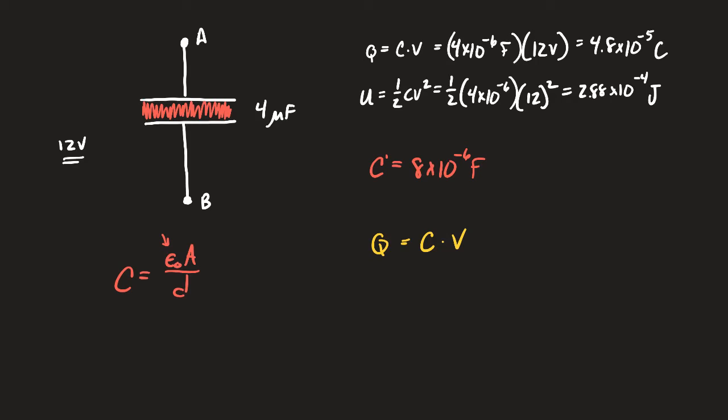So all of a sudden the voltage across that capacitor became 6. Now you don't have to do it that way. You could say, well, Q still is 4.8 times 10 to the negative 5th, but the capacitance is 8 times 10 to the negative 6th times V, and you can do your math and figure out that V has to be 6 volts.